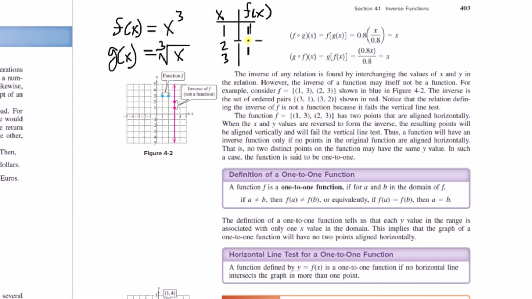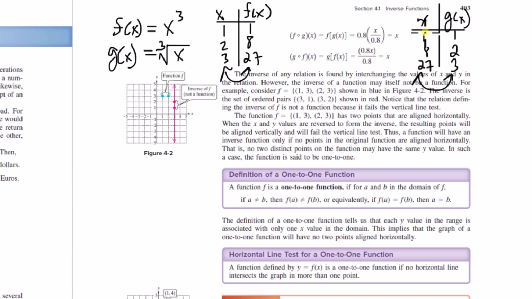So this is 1, 8, 27. You could input those f of x's into g of x, and you would get 1, 2, 3. You could use g of x to undo what you did with f of x. You see how we flipped these two?